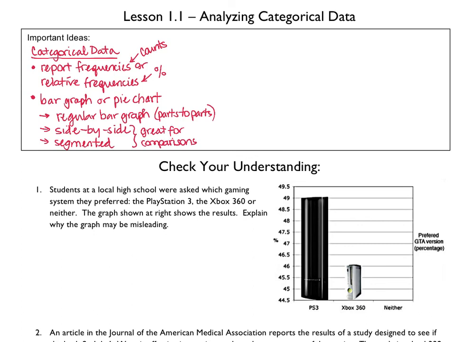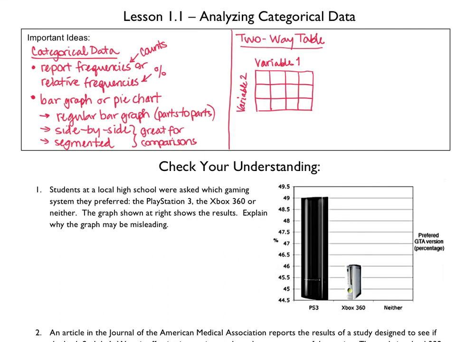Now let's think about what we learned about two-way tables. We know that they're called that because they have two variables. Having the totals can be useful. And we have the ability to calculate various frequencies or various relative frequencies when we use the two-way table. We can calculate the marginal relative frequency using either a row total or a column total divided by the grand total.